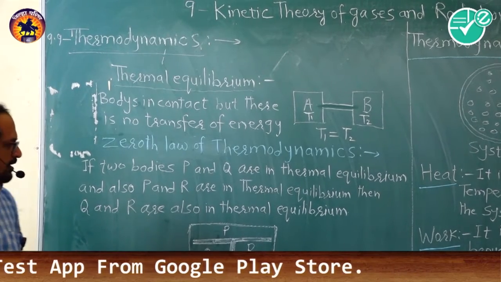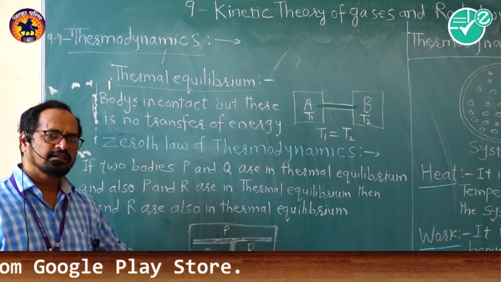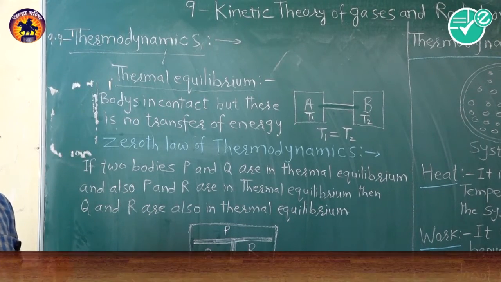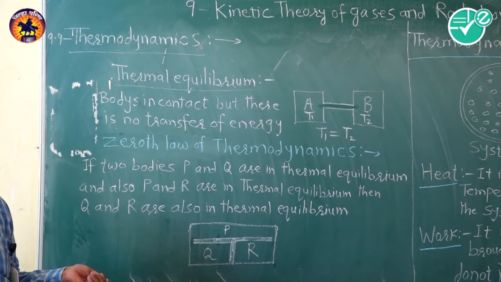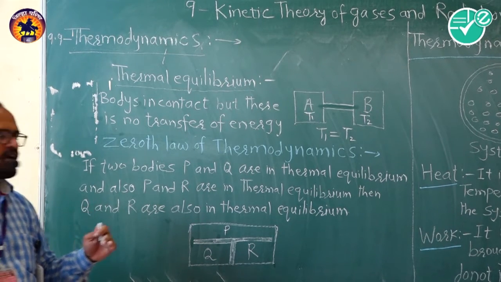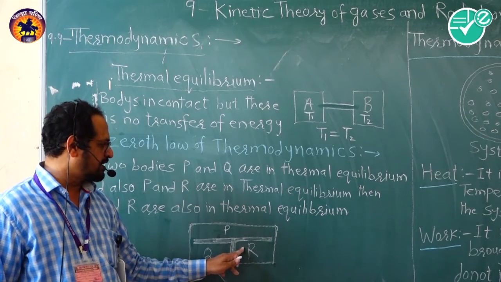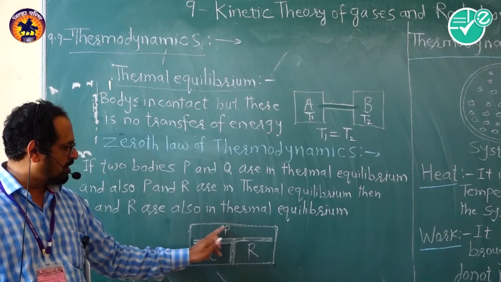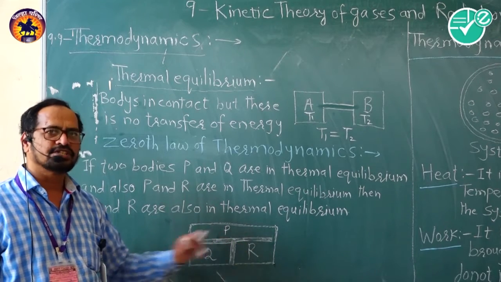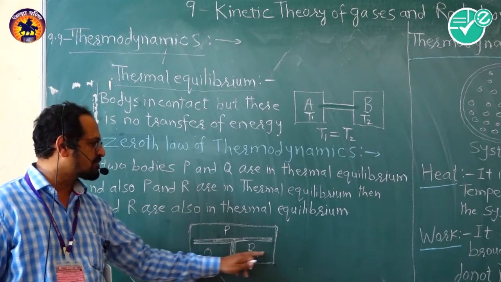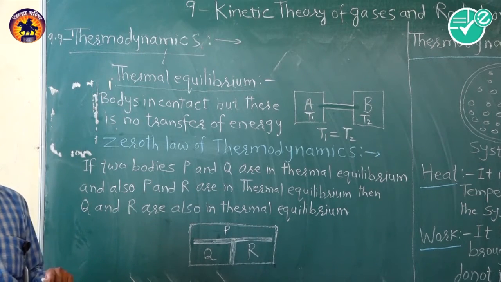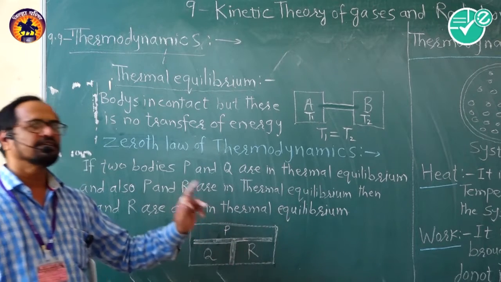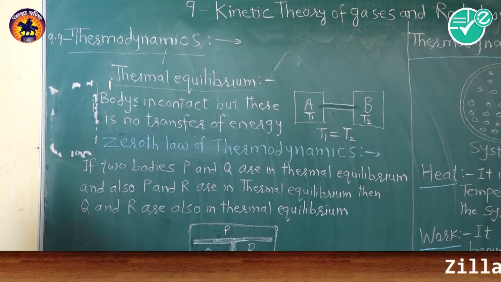Similarly, if P and R are at different temperatures, but after exchange of heat from higher temperature to lower temperature both bodies have the same temperature, there is no transfer of heat. So P and R are also in thermal equilibrium.